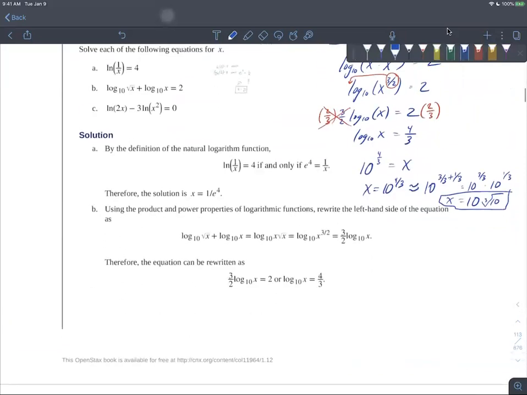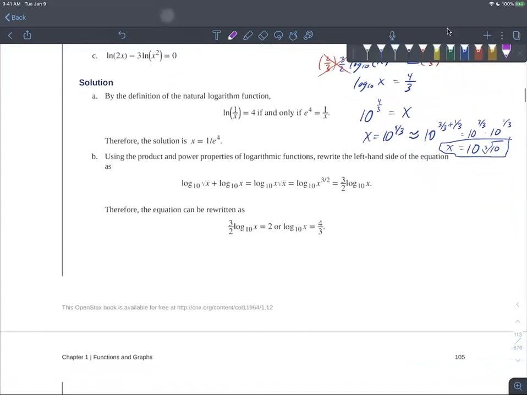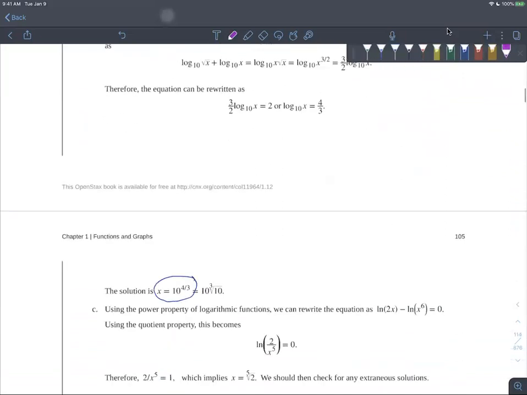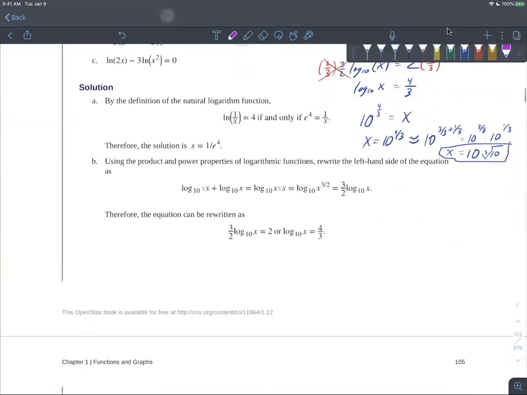Nice. All right. Last one here, part C. I'm just writing these here. You can take a look at their solutions. The natural log of 2x minus 3 times the natural log of x squared equals 0. The one thing I really like about logarithms is that there are so many ways to do these problems.